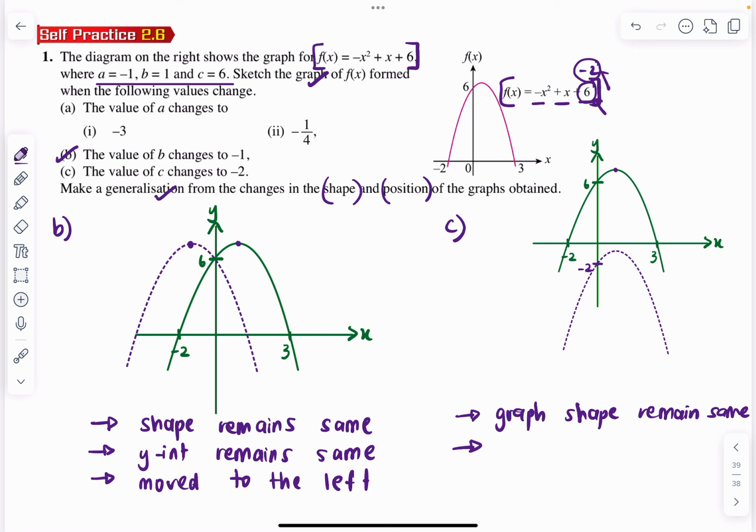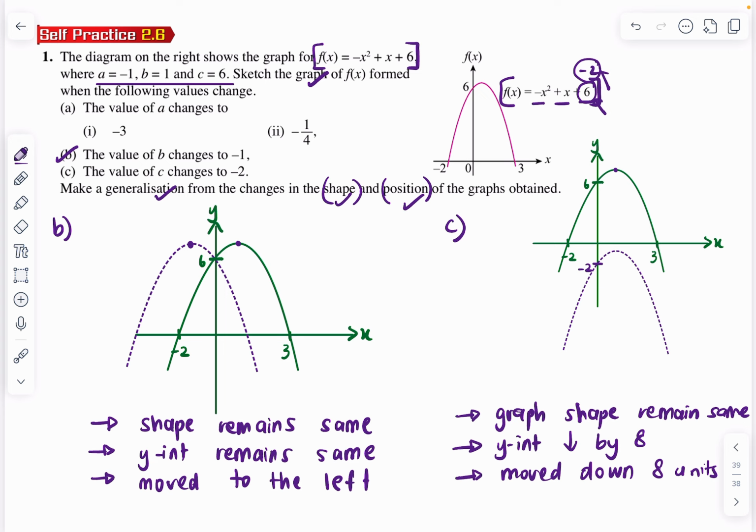The y-intercept has reduced by 8, and the graph has moved down 8 units. That's it. This will be the conclusion for the shape and the position.